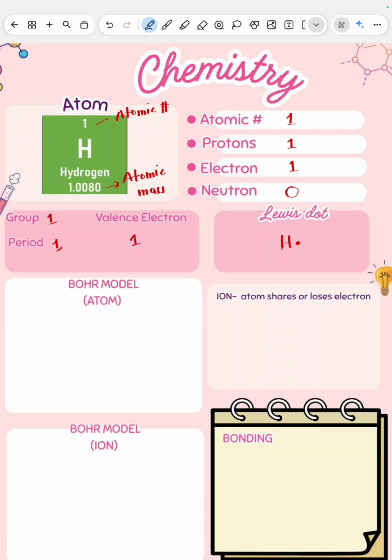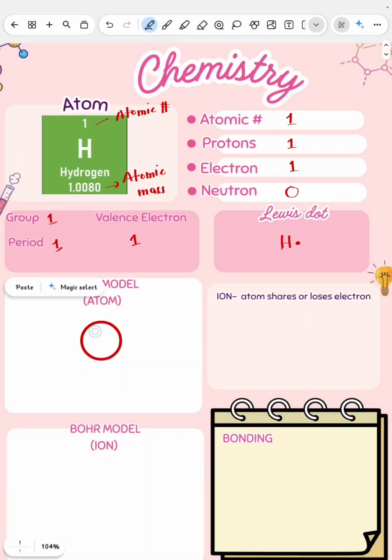Now, next is the Bohr model of a certain atom. How are you going to write this one? First, remember that in an atom, there is a nucleus at the center. And inside the nucleus is where we can find protons and neutrons. So we could write down like this.